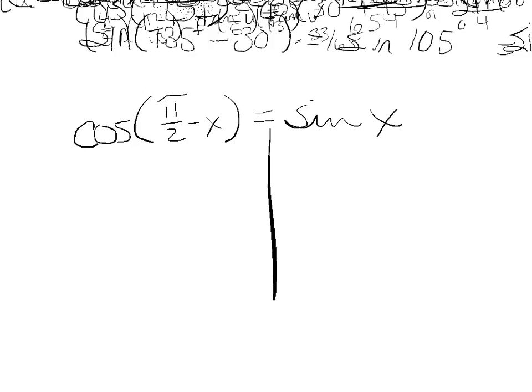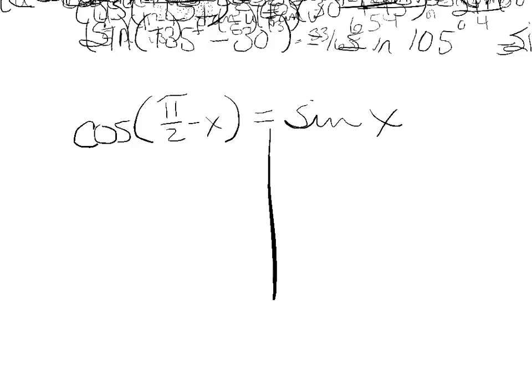Okay, we're just going to use the identities that we just learned. We know that's true. Now we're going to prove it analytically. This is a cofunction. Now we have the tools. Before we didn't have the tools. And Tim, I'm very proud that you recognized that that was a cofunction.